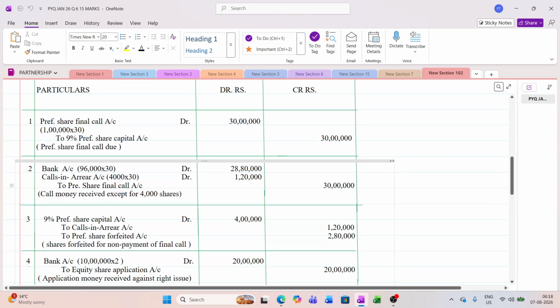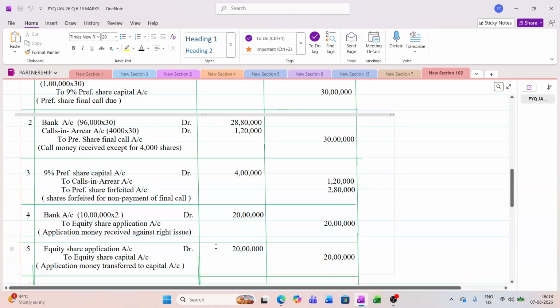Now the directors have decided to forfeit these 4,000 shares. So 9% preference share capital will get debited, because all the money was called up. You have to debit the share capital with 100 rupees per share, 4 lakh rupees, and calls in arrear is 1,20,000. Whatever forfeited amount is received here is a gain.